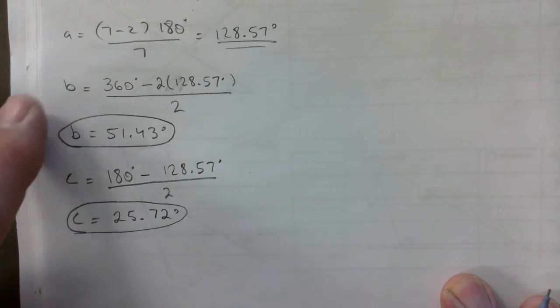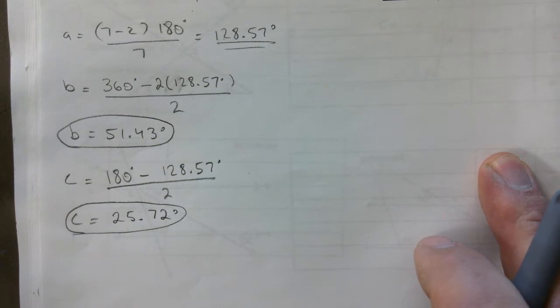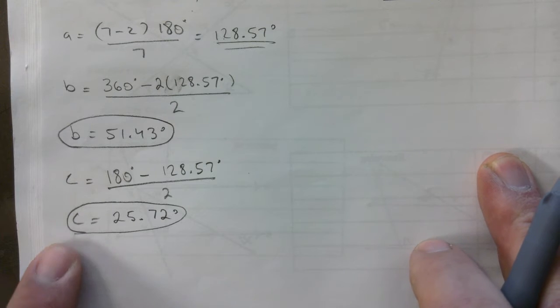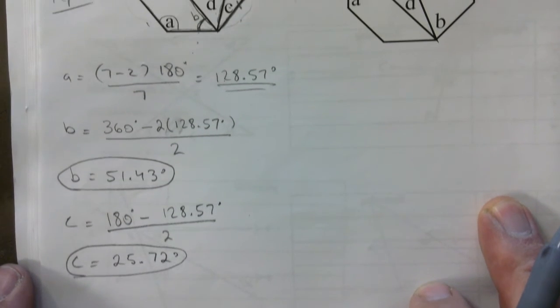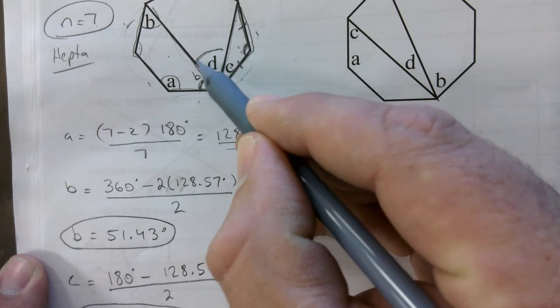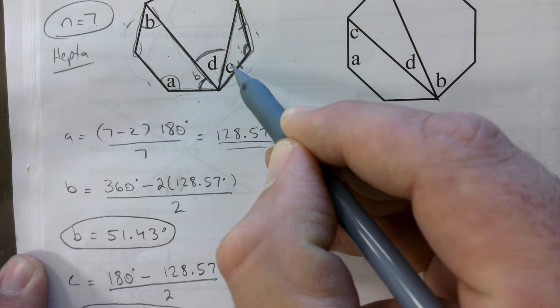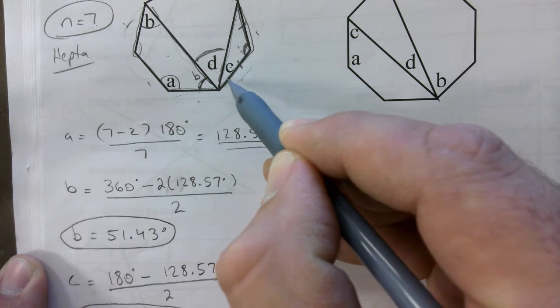So I got A, B, and C. Now, these could be X, Y, Z, right? The letters shouldn't matter too much. Now I'm going to focus on finding this one, and notice that all 3 are adjacent to this interior angle here.